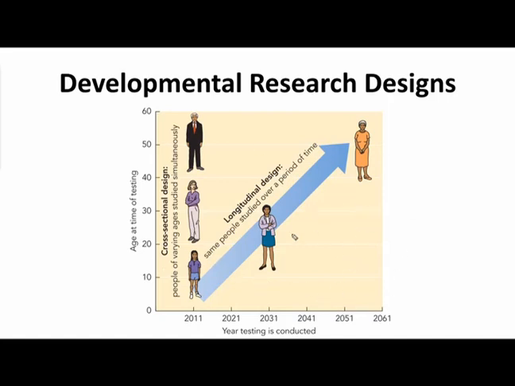And then if we wanted to do our sequential, we would be looking at 3 people in 2011, and then here in 2031, we'd actually be looking at 3 people again who have sort of scaled up in age. So we go from 10, 30, 50 to 20, 40, 60, and so on and so forth. So that's how we could use those different types of studies and sort of what they look like in terms of who we're studying and when.